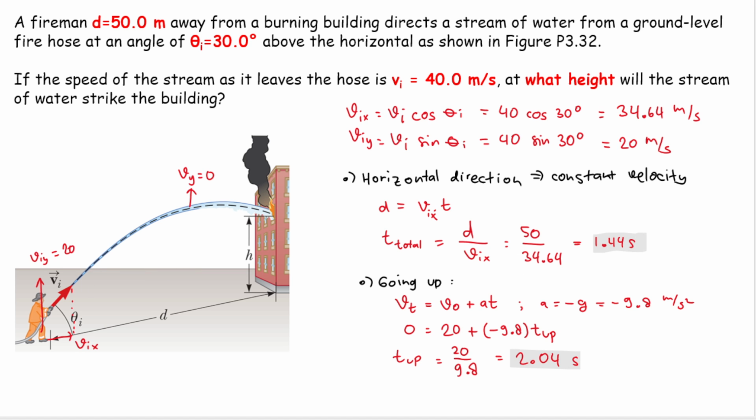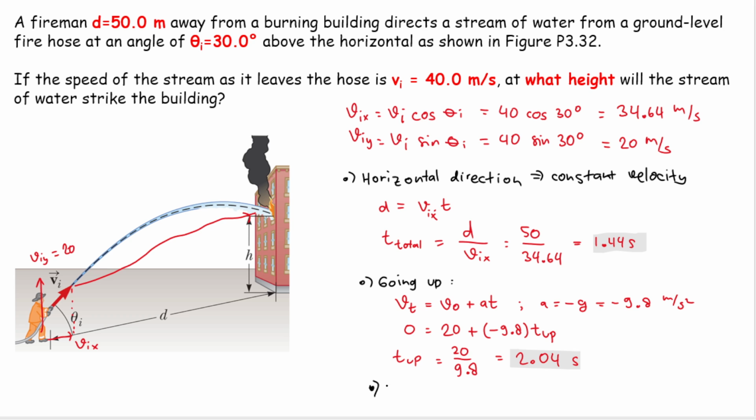However, because this is larger than this, the drawing here is wrong. So it has not reached the maximum yet. So the water should be like this, still going up in this direction, right? So let's write that.